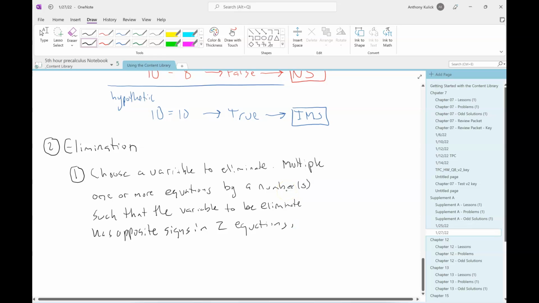I shouldn't say opposite signs, we should say opposite coefficients.